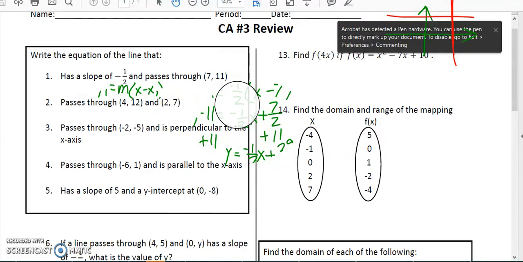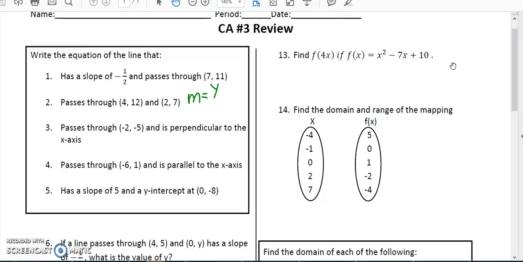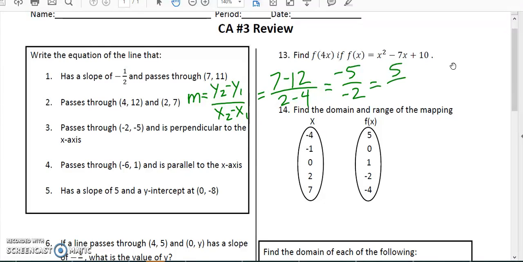All right, continuing. If it passes through these 2 points here, you would have to calculate the slope. m equals y2 minus y1 over x2 minus x1. So here, if you label your points, you would do 7 minus 12 over 2 minus 4, which would give you negative 5 over negative 2, which would be 5/2.